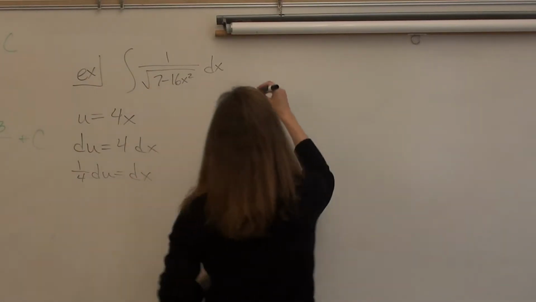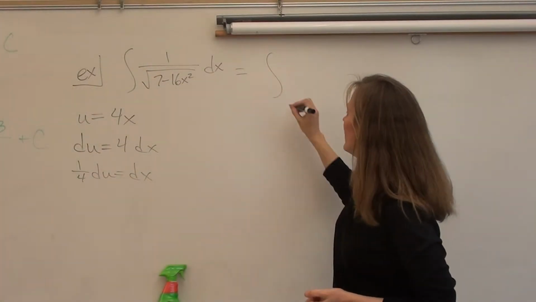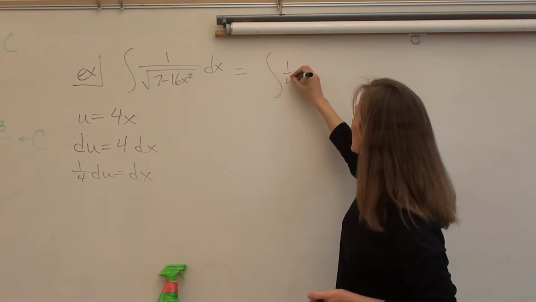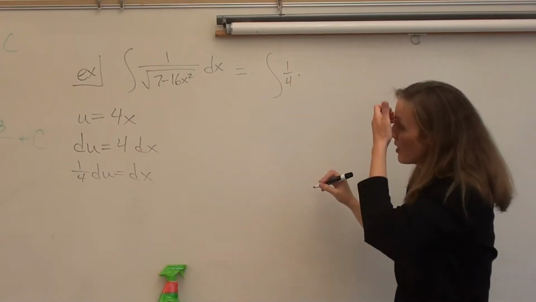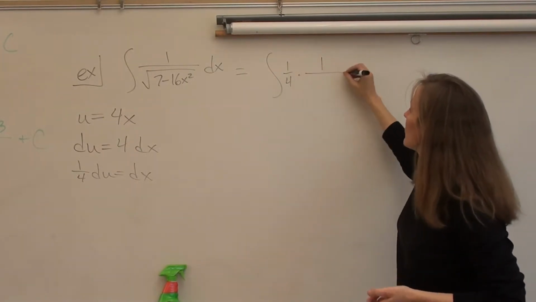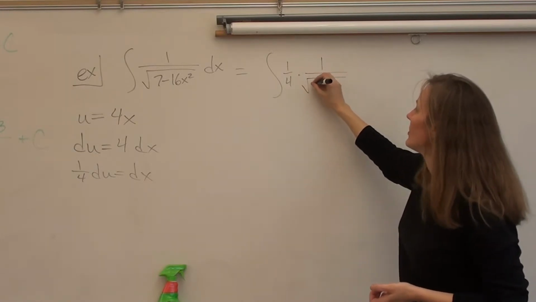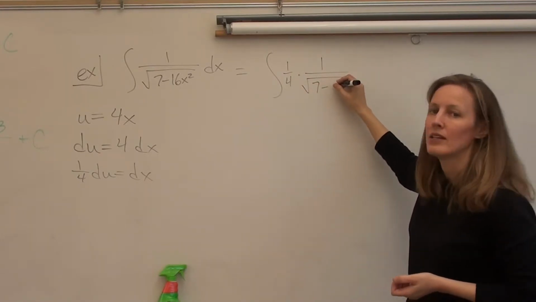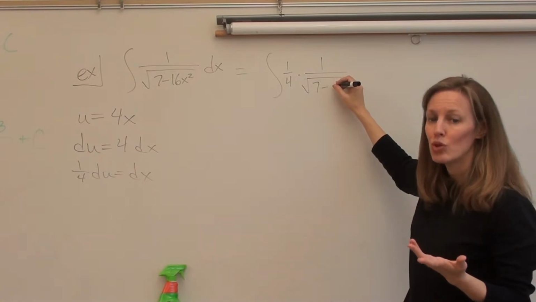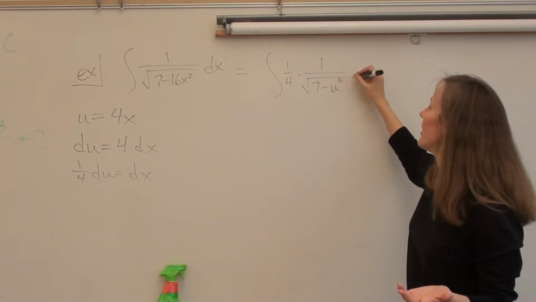And I'm going to rewrite the function. This 1/4 is just a coefficient out front. So I get 1 over the square root of 7 minus u squared.